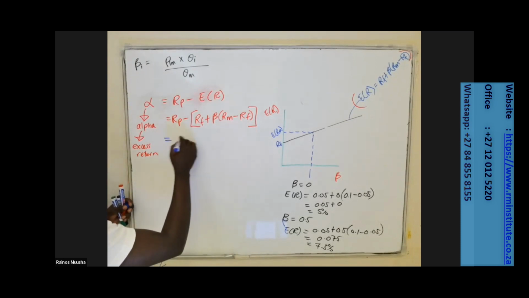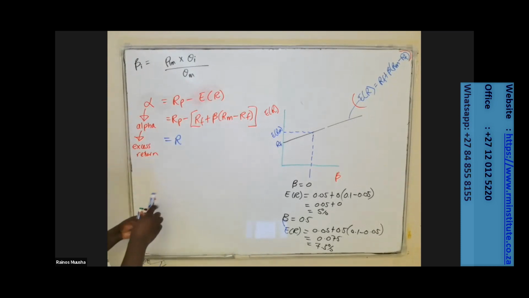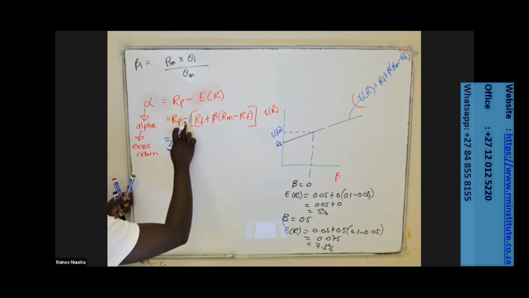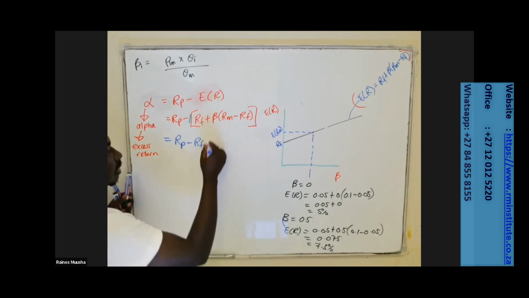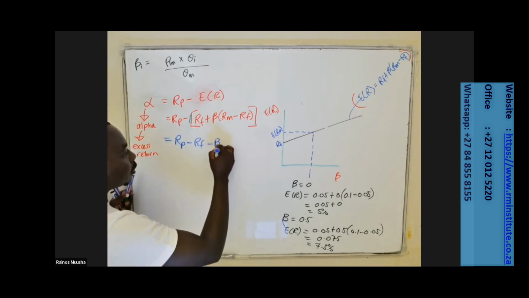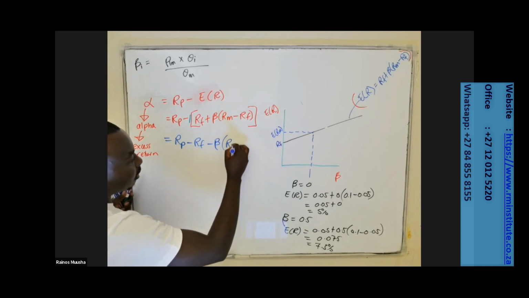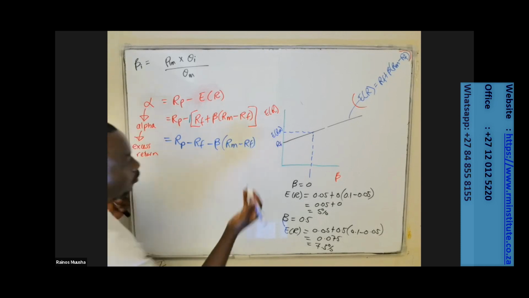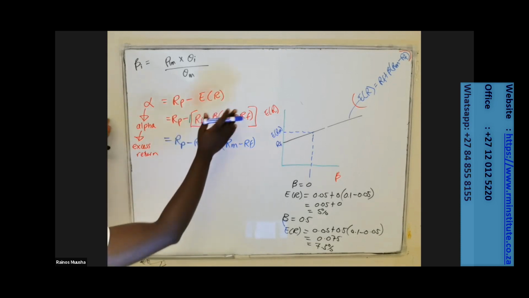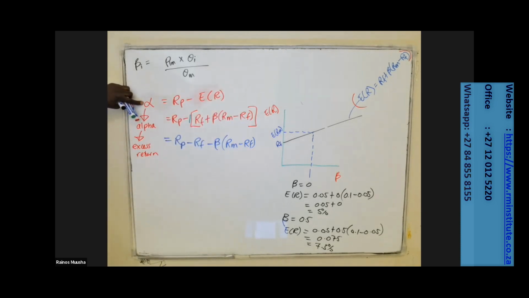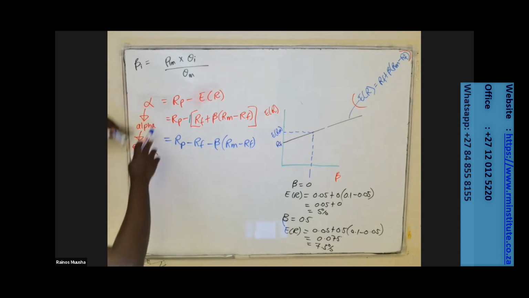Remember, you're assuming that the coefficient outside the bracket is 1, which means it's the return of the portfolio minus 1 times RF, giving you minus RF, minus 1 times beta giving you minus beta multiplied by what's in that bracket, market return minus risk-free rate of return. When they put it in the expanded version, it comes out like this, but it still goes back to the point that your alpha is your excess return.